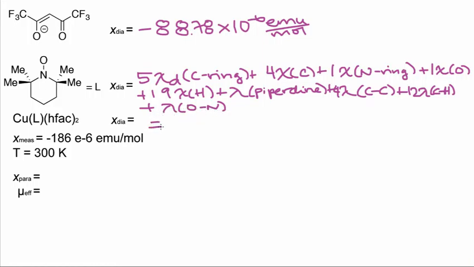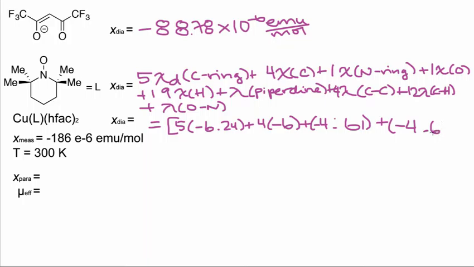If we now plug in the values, what we'll get is 5 times negative 6.24 plus 4 times negative 4.61, plus negative 4.6 for the oxygen, plus 19 times negative 2.93 for the hydrogens, plus 3 for the piperidine.